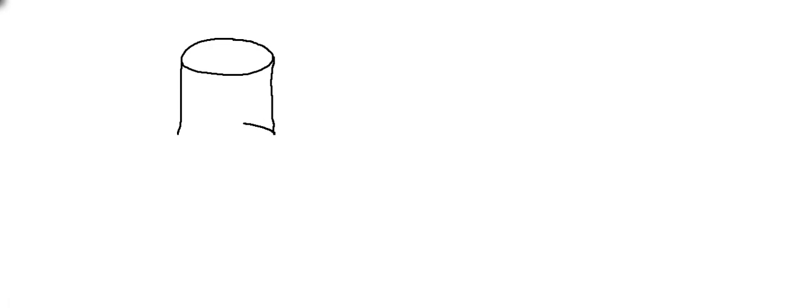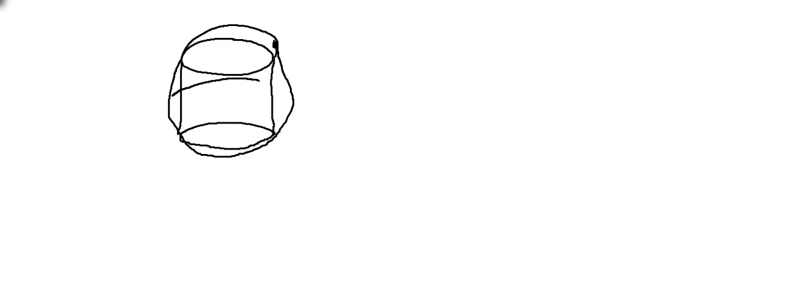I need to find the maximum volume of this cylinder that can be fitted inside a sphere, right? Suppose this is a sphere. Okay, so we have a cylinder inside a sphere.